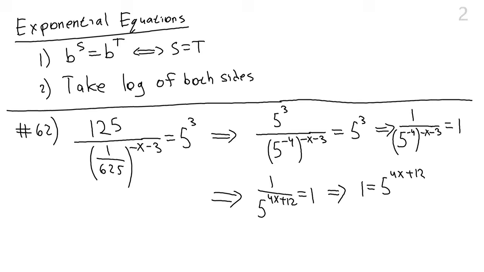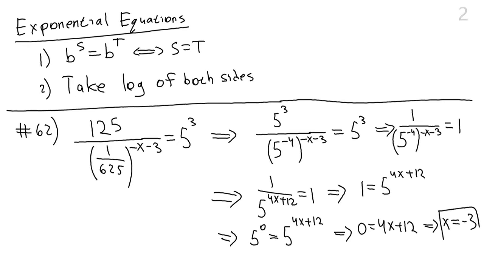Now 1 is also 5 to the 0. This is 5 to the 0 equals 5 to the 4x plus 12. This means that 0 equals 4x plus 12, which also means that x equals negative 3 is our solution.